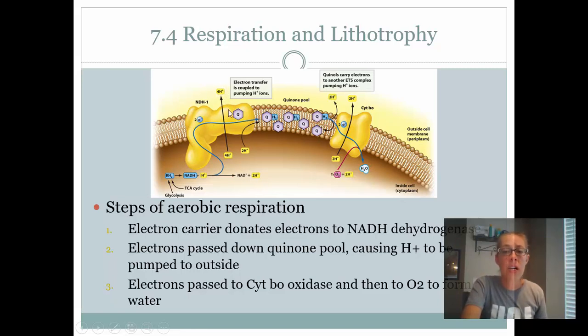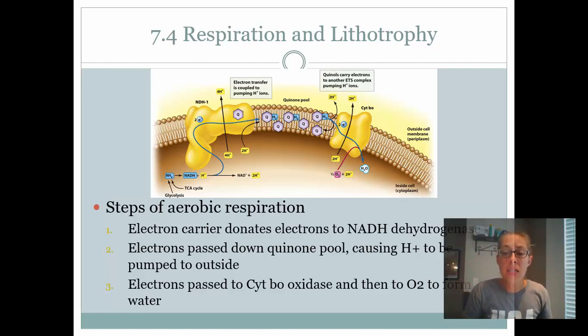And then we're going to pass those electrons on down into a quinone pool. This is a series of steps, one and then the other and then another. And each of those, as we are moving those electrons, are going to pump more hydrogen ions outside the cell.